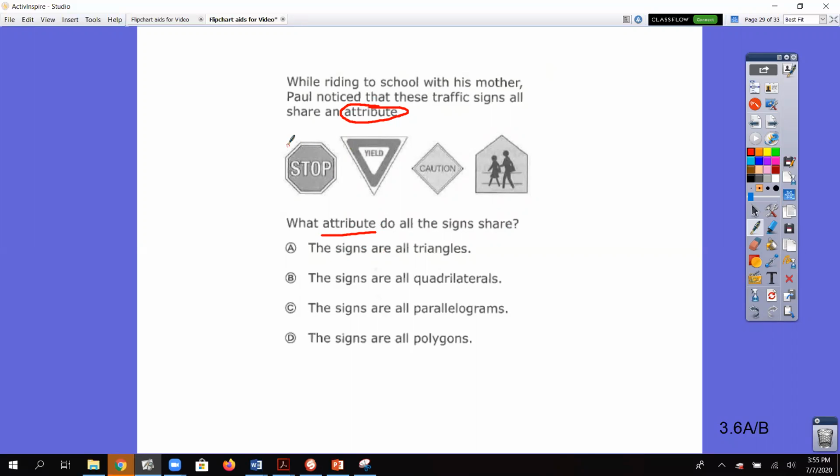Well, let's label how many sides they have. What kind of figure is this? Let's see. 1, 2, 3, 4, 5, 6, 7, 8. That's 8 sides, so it is called an octagon. This has 1, 2, 3 sides, so that's called a triangle. 1, 2, 3, 4. 4 sides, so we know it's a quadrilateral.